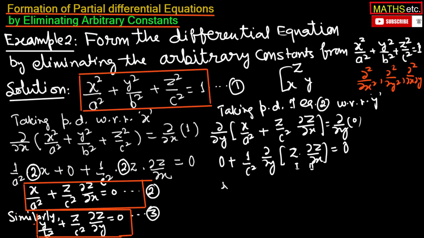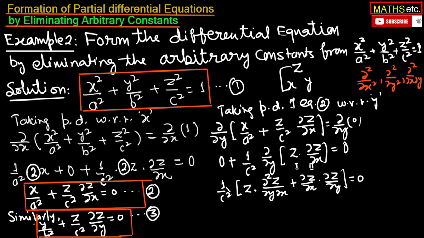Fine. So 1 over c square is outside. Partial first function z as it is, partial derivative of del z over del x with respect to y. So this will become the second order mixed derivative. Then plus second function as it is, and partial derivative of z with respect to y, this will be del z over del y, and this one is equal to 0.